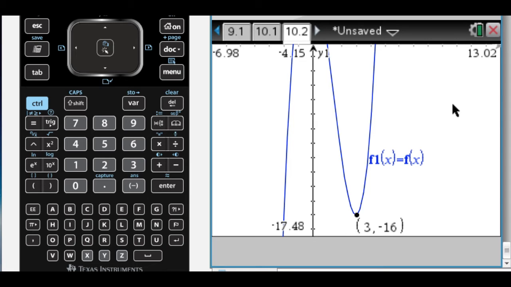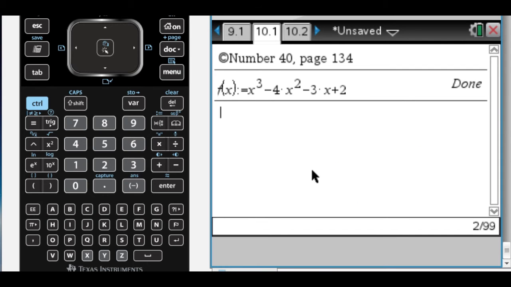So number 1 is true, which means I've eliminated options B and E because they did not include the option of number 1 being true. The next thing I'm going to do is go back to this page. Option 2 says the function f of x equals 0 has 2 non-real solutions.